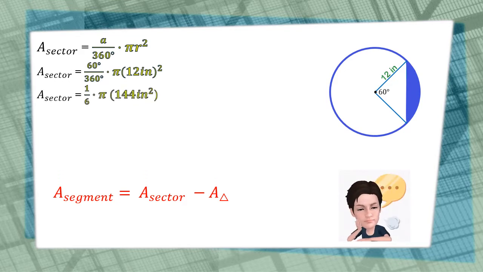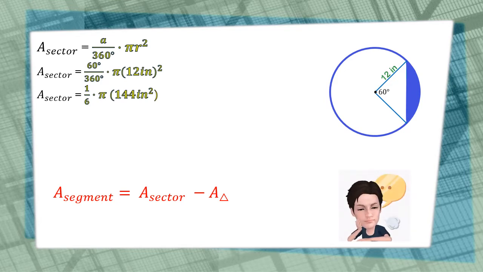Simplifying, we all know 60 and 360 degrees are both divisible by 60. So 60 divided by 60 is 1, and 360 divided by 60 is 6. And 12 inches times 12 inches, we have 144 inches squared all in all. Now, let us multiply 1 over 6 with pi and 144 inches squared.